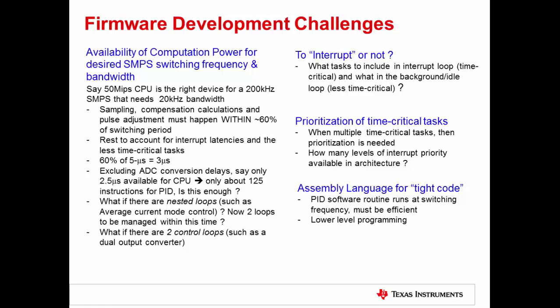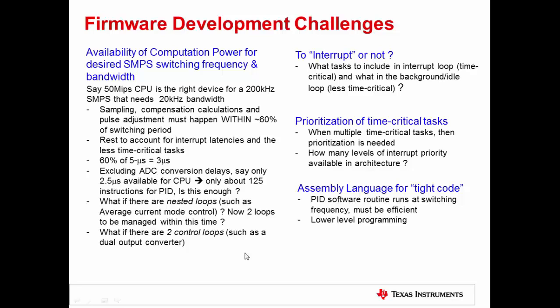Taking an example of a 50 MIPS CPU for designing a 200 kHz power supply with at least 20 kHz bandwidth, it turns out that only about 2.5 microseconds is available for the key compensation calculations which need to be completed every switching cycle. This means only about 125 instructions are available for this function. So the question arises, is this enough?